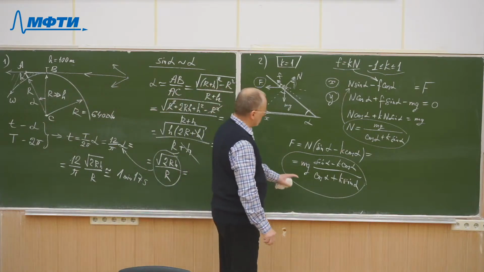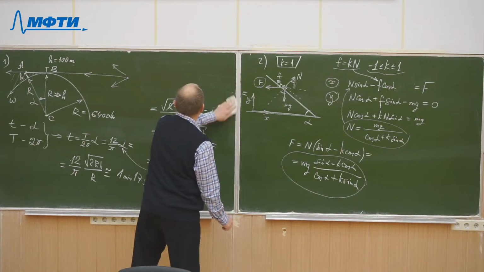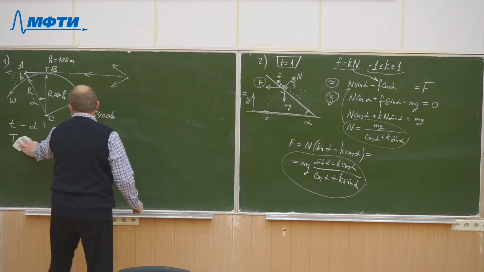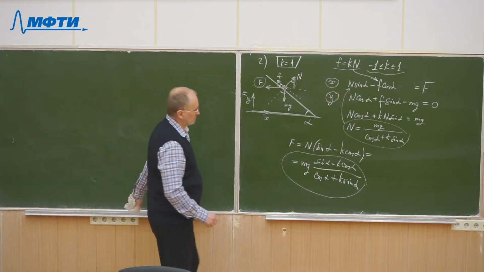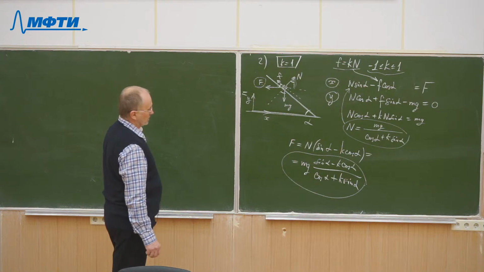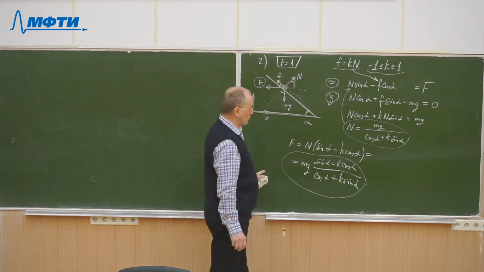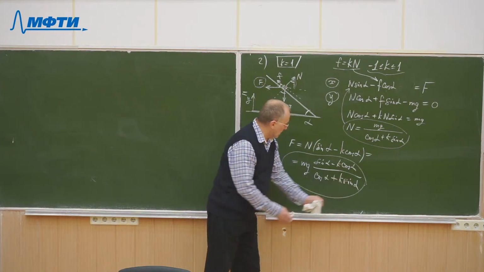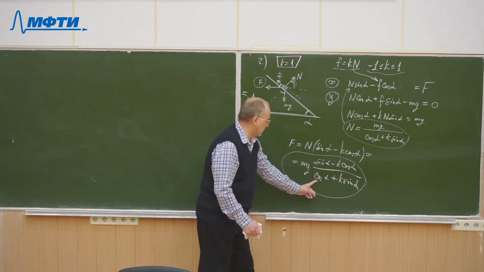And that formula needs a little bit of analysis. First, we need to make sure that the formula is correct. It's physically reasonable. Well, how can we make sure? For example, if coefficient of friction k is 0, no friction at all, then we substitute 0 here, and we get no second term, and we get just sine divided by cosine alpha.